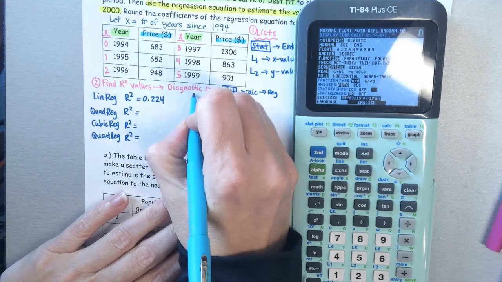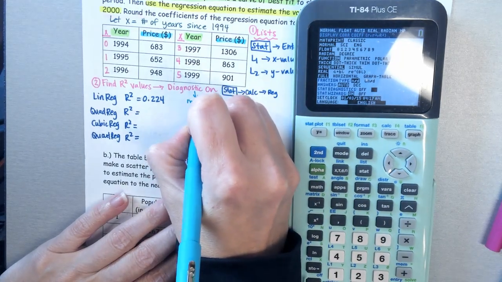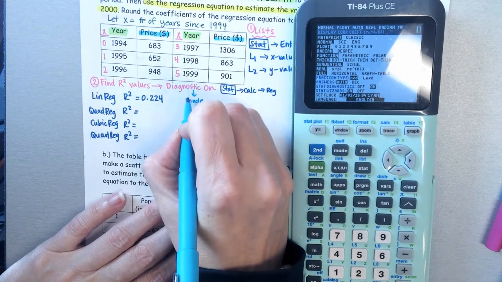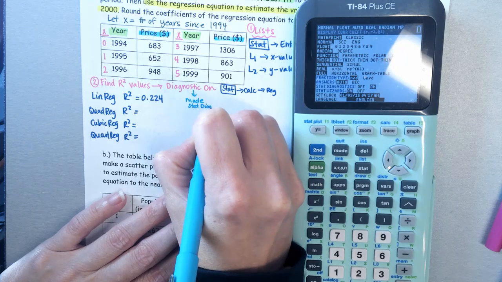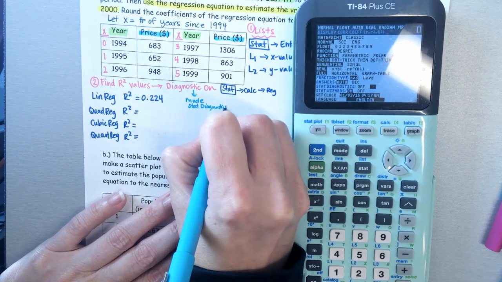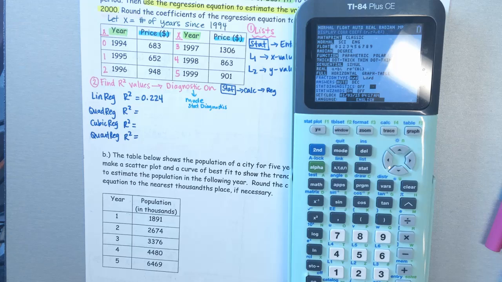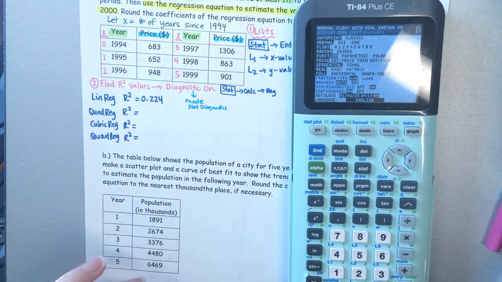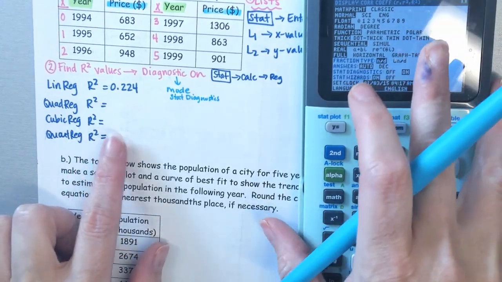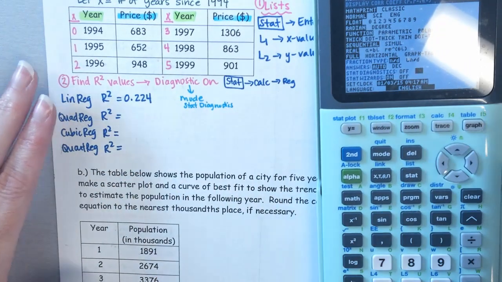So to turn the diagnostic on, I'm just going to write that, the mode. Okay, so that's what you want to look at. I'm also going to be posting a guide to help you with that. That'll tell you how to turn your diagnostic on.